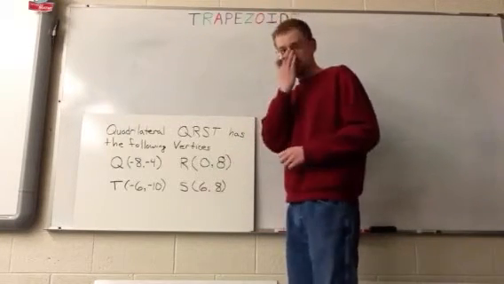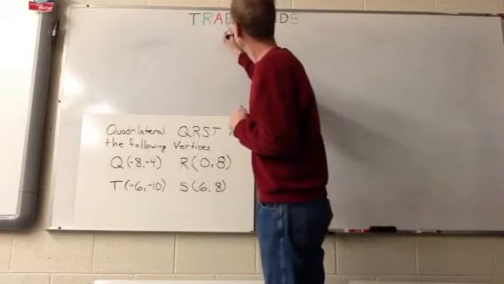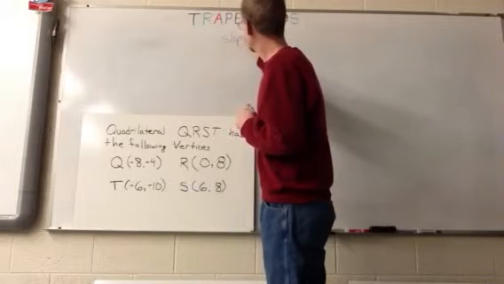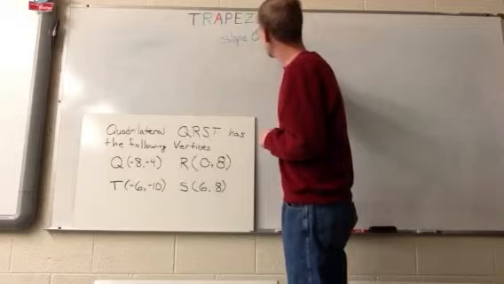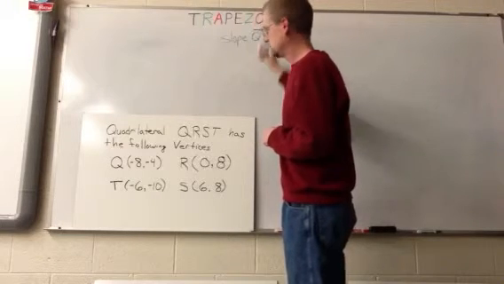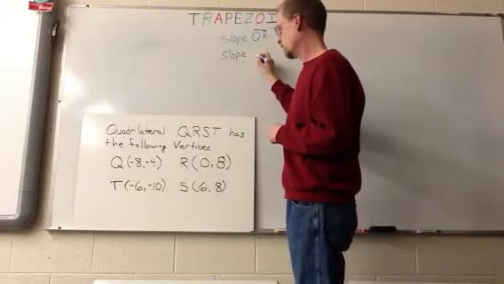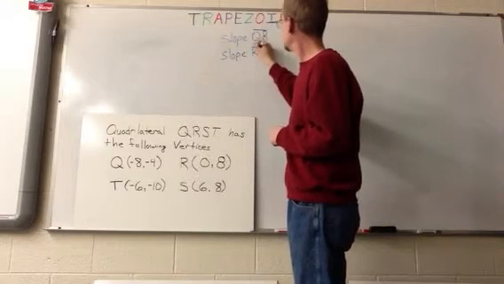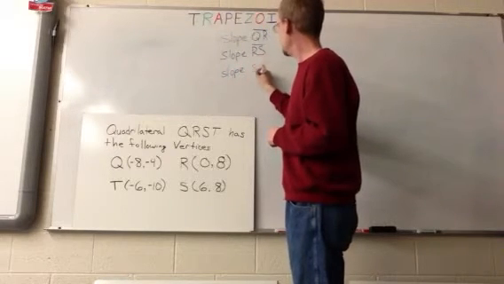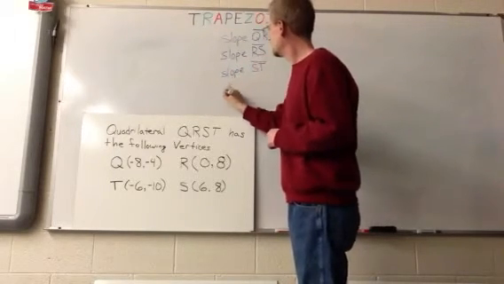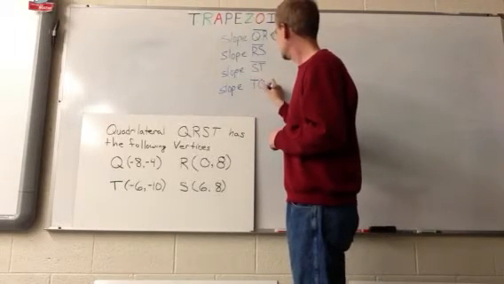Here's what I want you to do. This will be the last part of this video. The answer will be on the next one. Find the slope of each of these. You're going to find the slope for QR, the slope for RS, the slope for ST, and the slope for TQ.